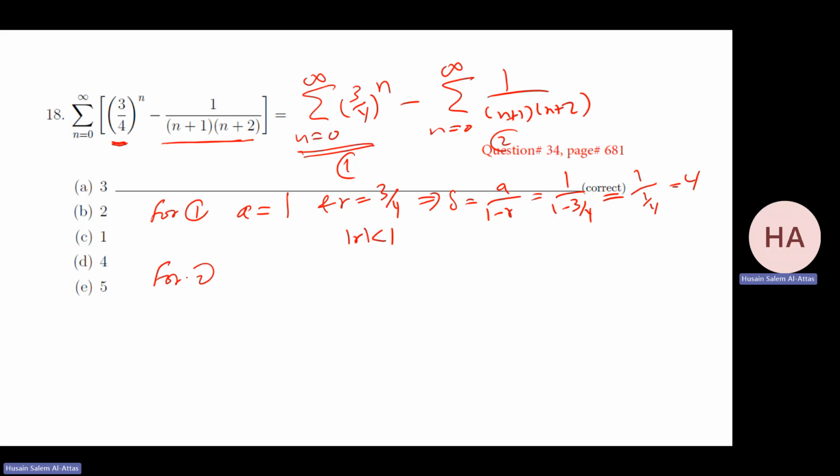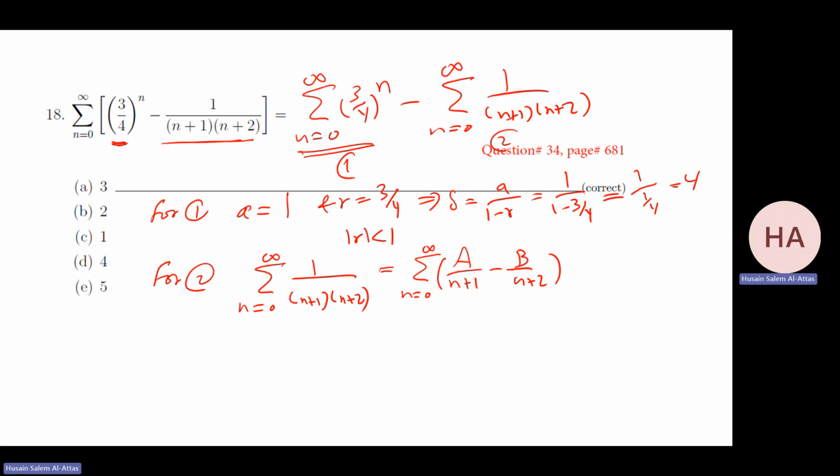For 2, I have what? I need this summation n equals 0 to infinity, 1 over n plus 1 times n plus 2. I will deal with Sk. Let me just rewrite it with the partial fraction, which is an easy thing. That will give me A over n plus 1 minus B over n plus 2.